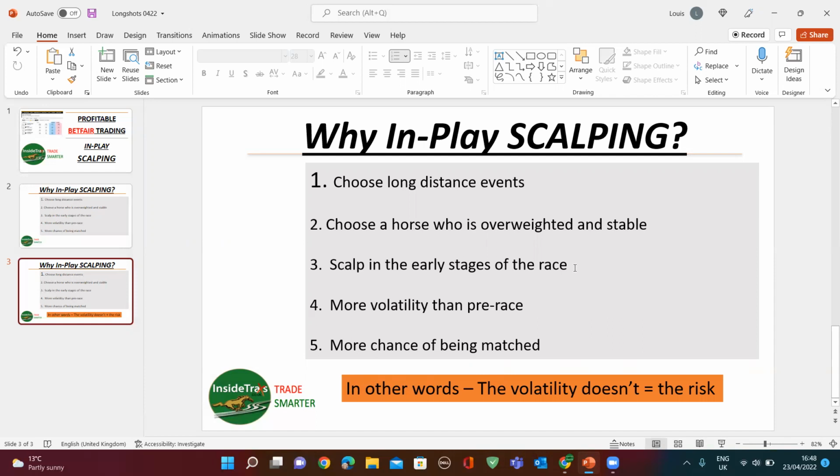I don't think that volatility is the risk, because there is more volatility in the race. You see prices being taken much more quickly. If I was out at 5.6, I was taken quite quickly. If I come back in at 4.4, I'll be taken quite quickly. So the volatility is there, and being matched is good. So really, we got a point out of this, cashed out on him, made 20% of our money, and there was virtually no risk.